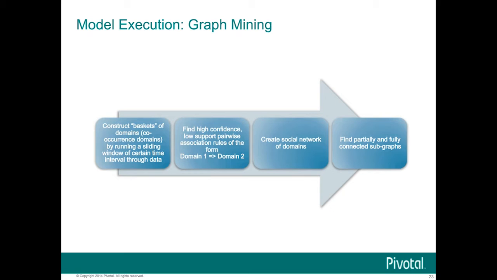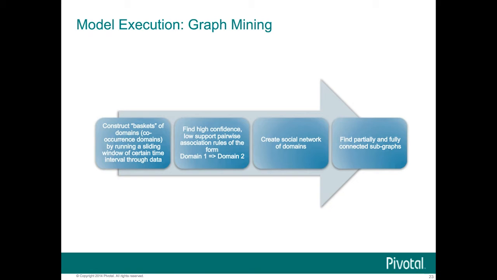First, we construct baskets of domains. These are nothing but co-occurring domains, found by running a sliding window of a certain interval through the data. Once we construct these baskets, we try to find high confidence, low support, pairwise association rules of the form domain 1 implies domain 2.